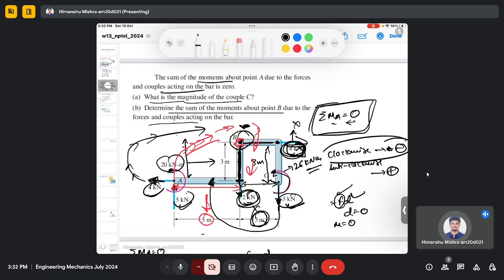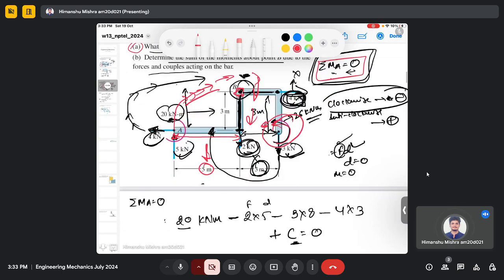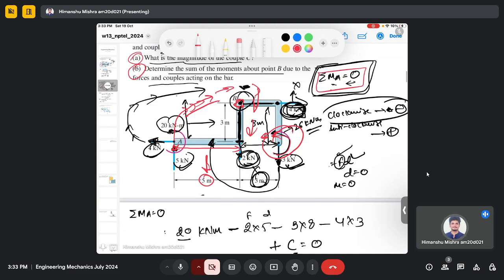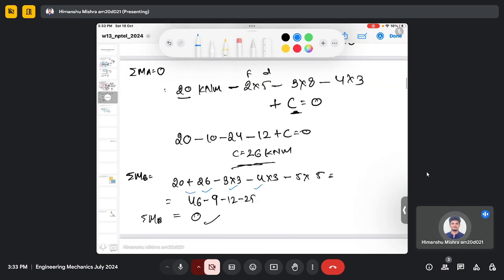So just to recap, here we have the given system, and in the first part of the question we need to find the external moment at C here, which is given in this figure, given the condition that the moment at point A is 0. So we write down the moment equation at point A and equate it to 0 to find this external moment here. In the second part of the question, we need to find the total moment at point B, and we just collect all the forces which can create the moment, and we found that the overall moment is actually 0.